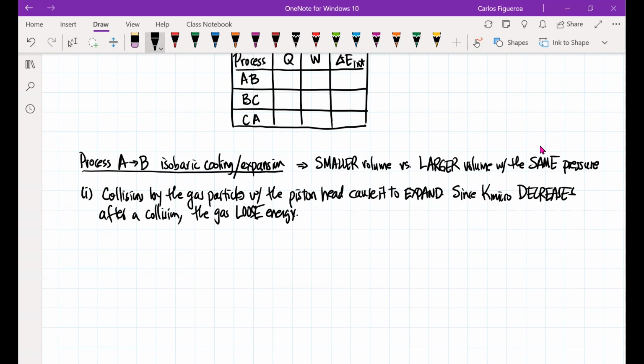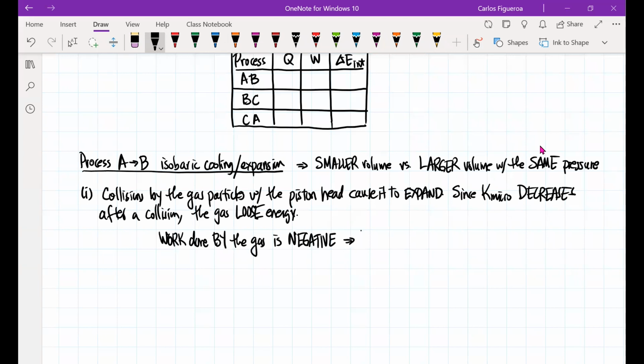So what you're seeing here is that the work done by the gas is negative. And negative means that it actually lost kinetic energy.